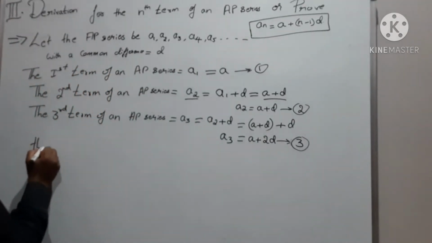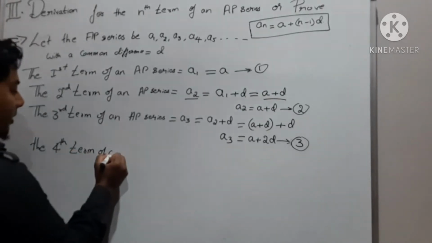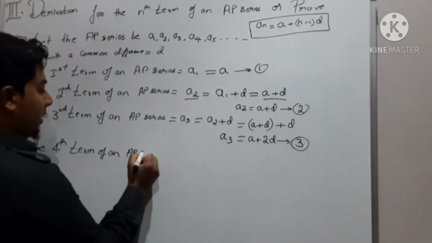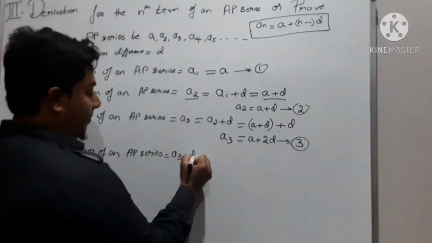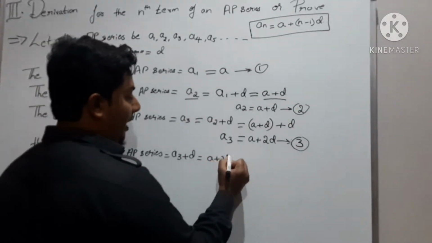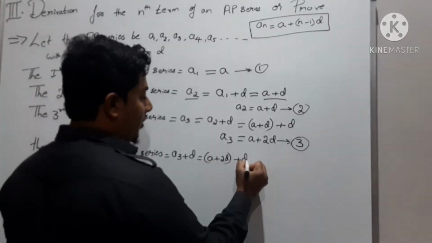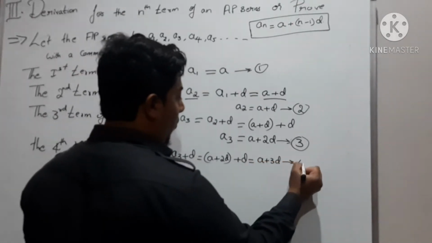The fourth term of an AP series is given as the third term plus d. The third term is a plus 2d. So a plus 2d, written in brackets, plus d, gives a plus 3d. Call it equation 4.